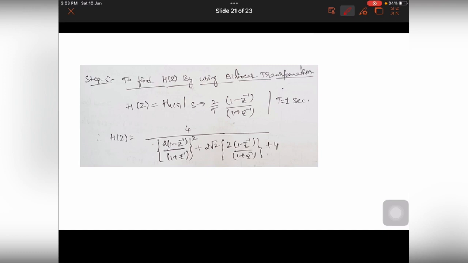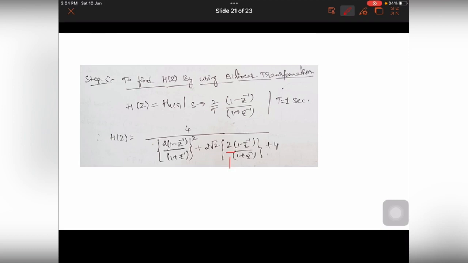So therefore I will get 4 divided by 2 into T, where T value is 1, so 1 minus z inverse by 1 plus z inverse whole square, plus 2 root 2 into s. S is nothing but 2 into 1 minus z inverse by 1 plus z inverse, because T value is 1, 2 by 1 is 2 only, plus 4.